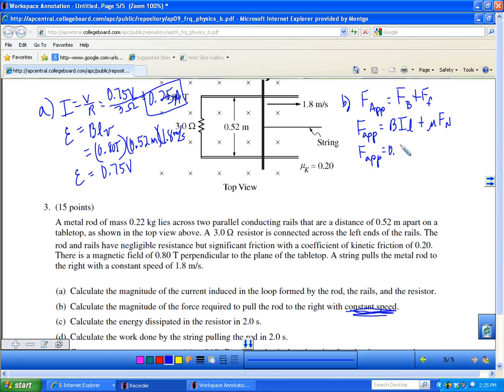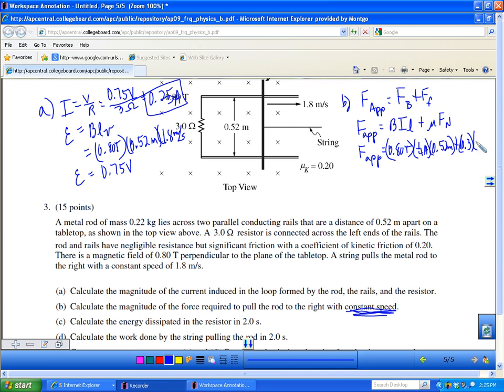So B was 0.80 Tesla. My current was 1/4 of an amp. The length of my rod was 0.52 meters. And then my friction was 0.3 for mu, times my force normal. My force normal was 0.22 times 9.8.